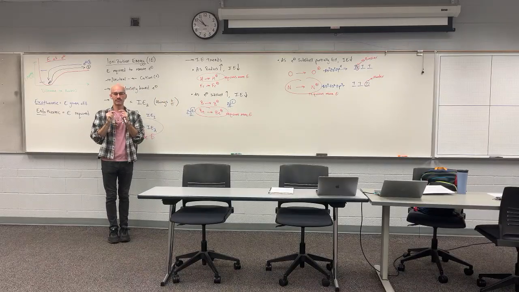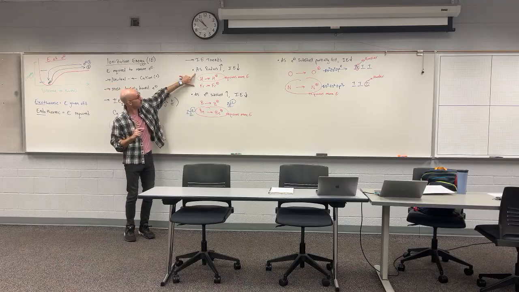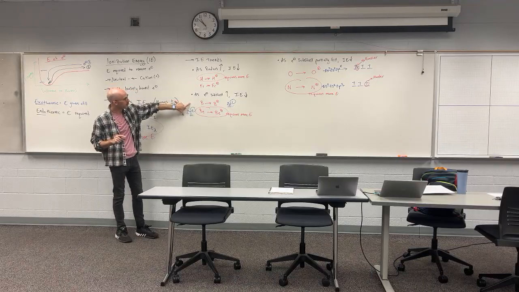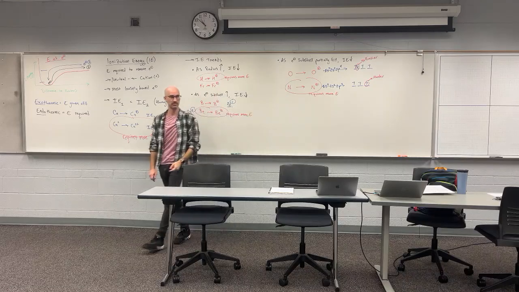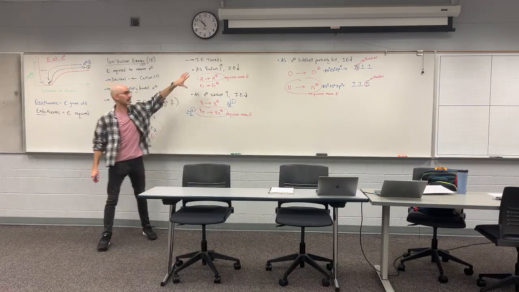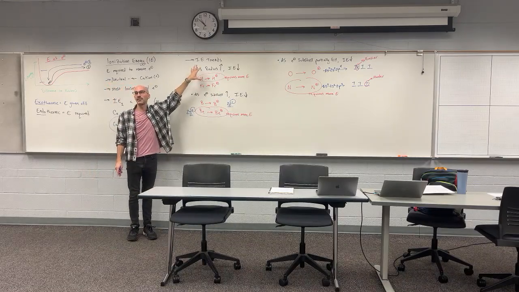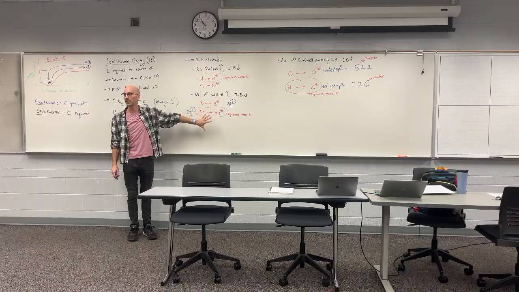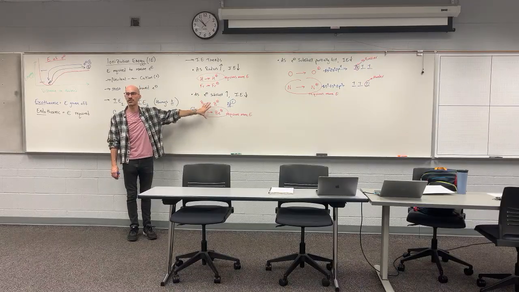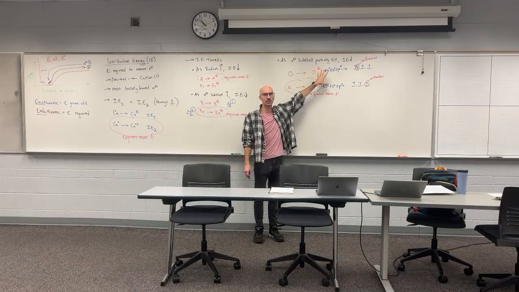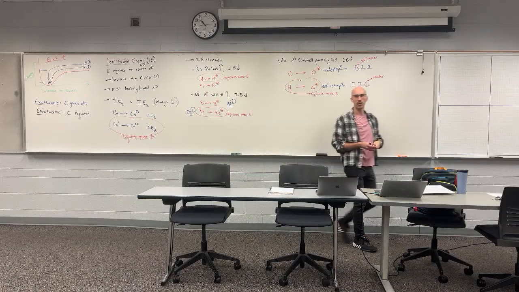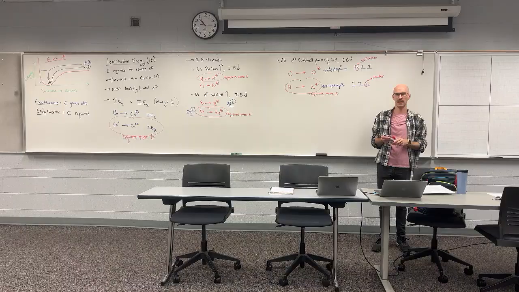So you are looking within a shell, or you're looking between shells, you're looking between subshells, and then you have to look within a subshell. How does ionization energy change as the shells change? How does ionization energy change as the subshells change? How does ionization energy change as the subshells partially fill? Okay?